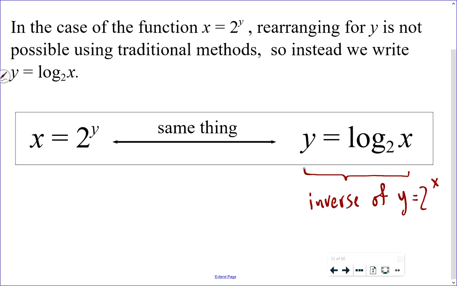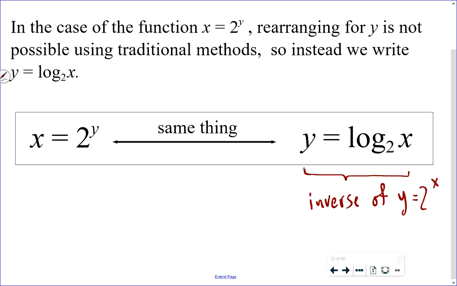And we have rules about the base, whether it's written in logarithmic or exponential. Okay? If the inverse of y equals 2 to the x is x equals 2 to the y, then the base of a logarithmic is the same as the base of the exponential that is the inverse. But we have rules about bases.